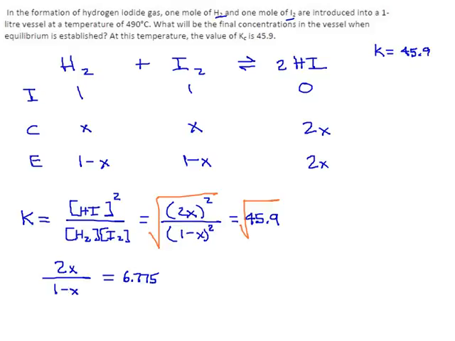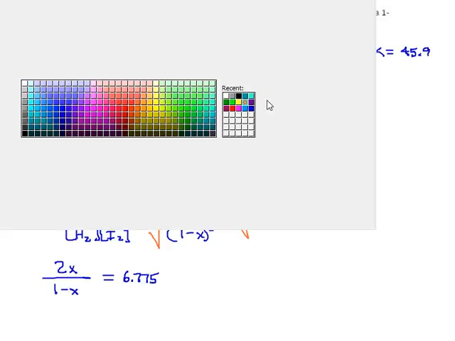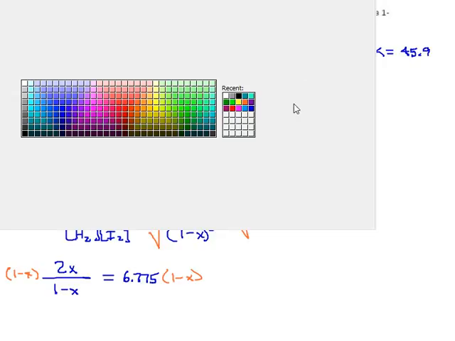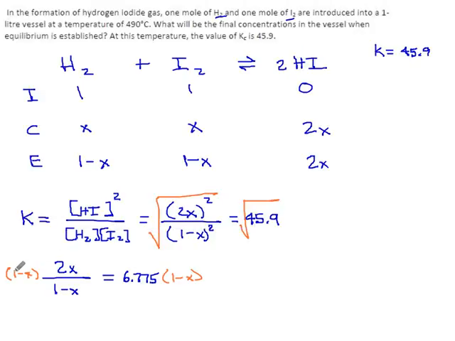Okay, well, we can solve this easier if we clean up the denominators. So multiply both sides by 1 minus x. On this side, the 1 minus x's cancel out. And so here we get 2x equals 6.775 times 1. That's easy. And 6.775 times x is not too bad either. There we go.